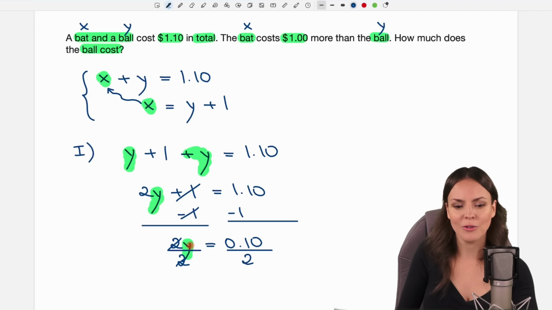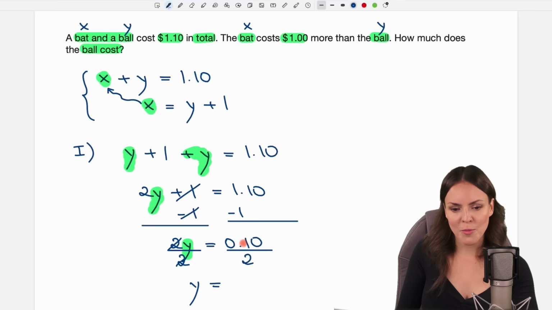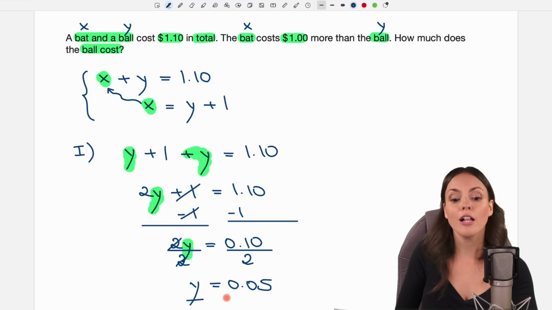This cancels out, only my Y is left. The cost of my ball that I'm looking for is 0.10 divided by 2, which gives me my result of $0.05. My X and Y were in dollars, so this is the 5 cents we were looking for.